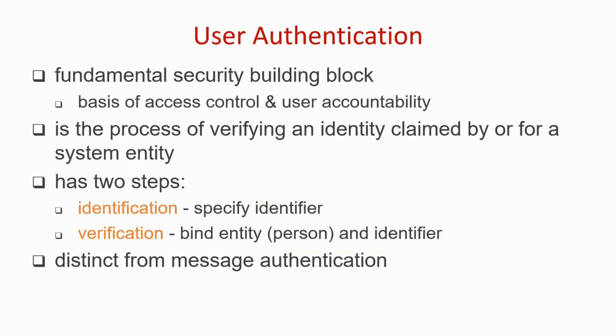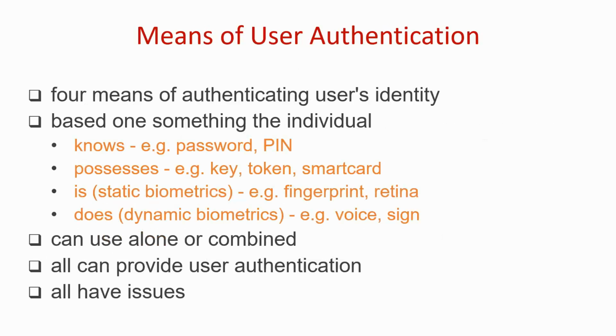And then when you want to authenticate yourself to that system, you present your credential to that system, which is the identification step. You specify the identifier. And then the verification step is where you bind your identity to the identifier. You say that this username, for example, belongs to this password. And so you get authenticated by the system.